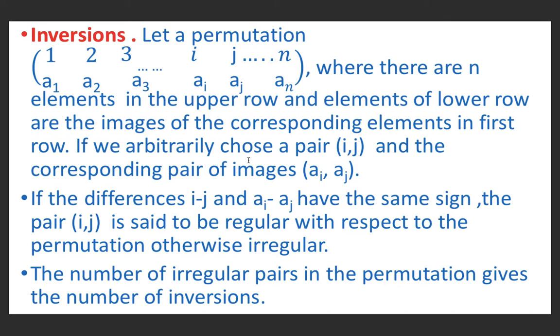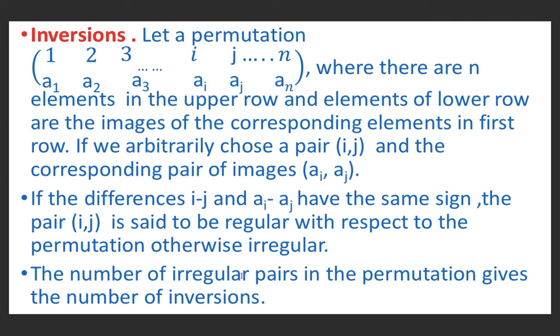If we arbitrarily choose the pair i, j and the corresponding pair ai, aj, if the differences i minus j and ai minus aj have the same sign, the pair ij is said to be regular with respect to the permutation. If i minus j and ai minus aj have different signs, then the pair ij is said to be irregular.